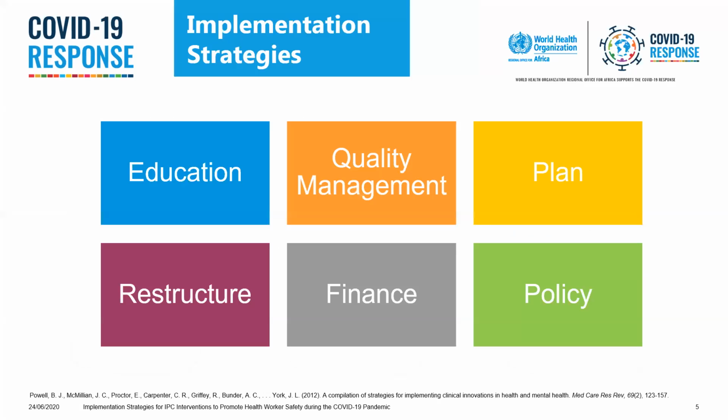So here we go. When we have an epidemic or a pandemic, as we're experiencing currently, there are 6 buckets, so to speak, or 6 categories of implementation strategies that have been shown to be effective at promoting and successfully implementing evidence-based practices that lead to health worker behavior change.